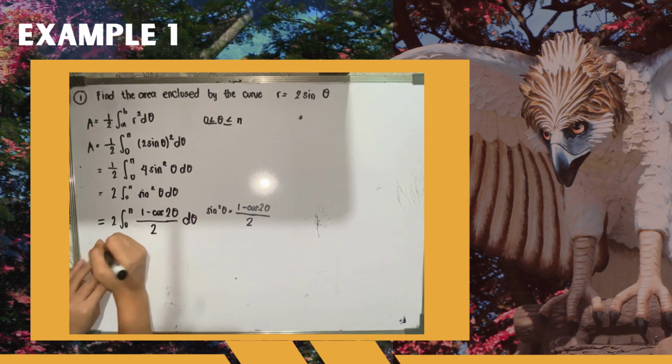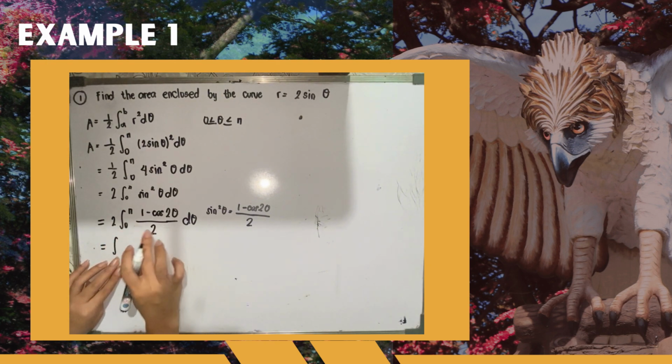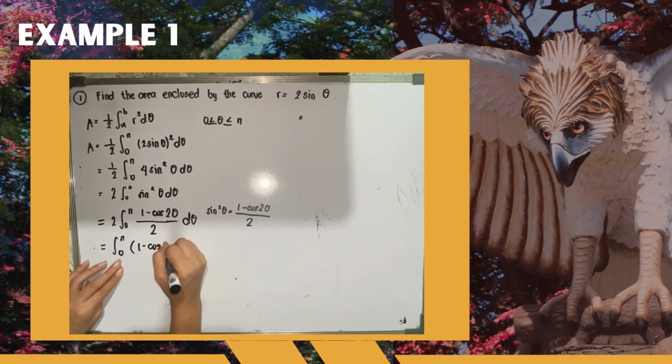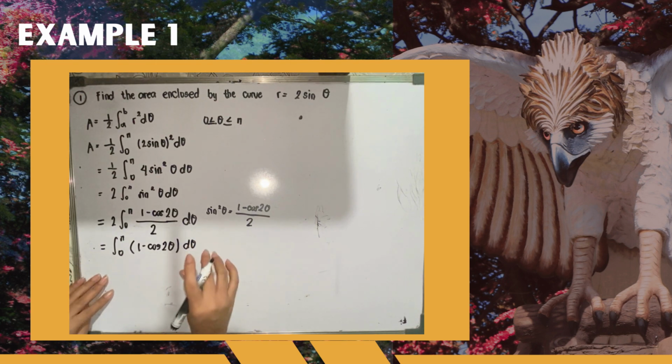And now let's simplify the expression. It will become the integral from 0 to pi of 1 minus cosine 2 theta d theta.